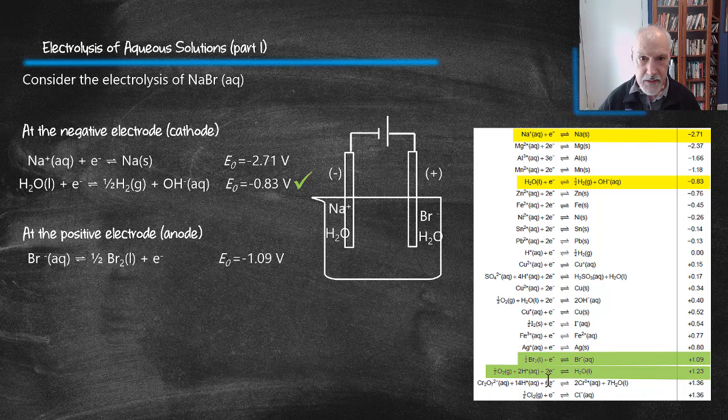When they're reversed, the sign of the reduction potential is also reversed to represent now oxidation. So which of these two is a higher value? Well, the bromine. So visibly what I would see happening is the formation of bromine liquid at our positive electrode, and if you had some sort of indicator present, you might notice the presence of the hydroxide ion at the other electrode.